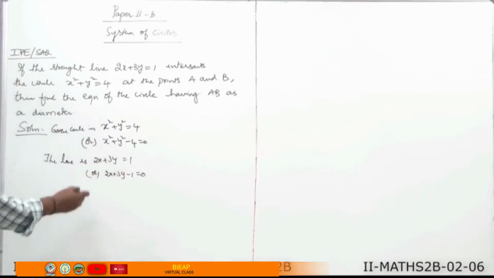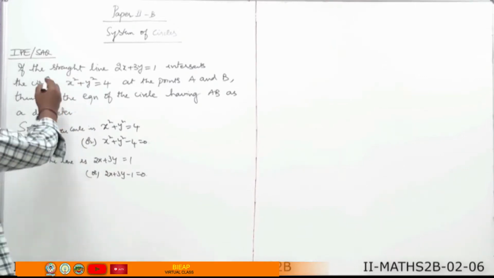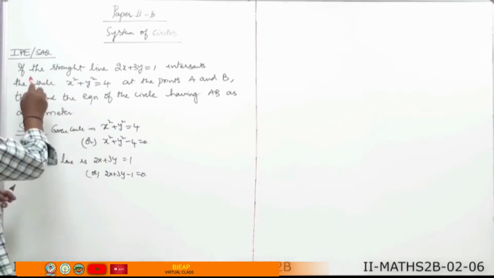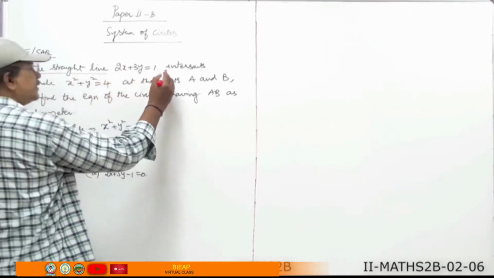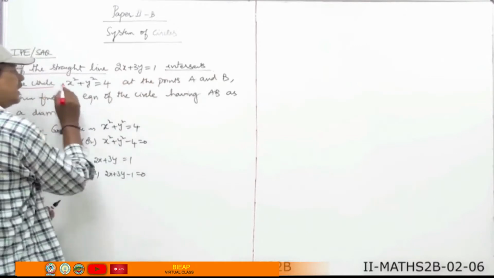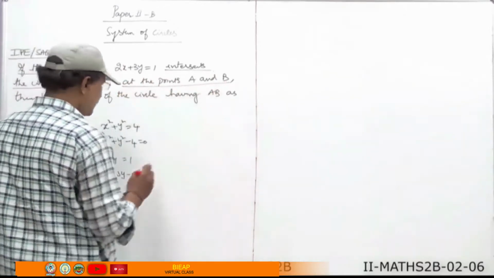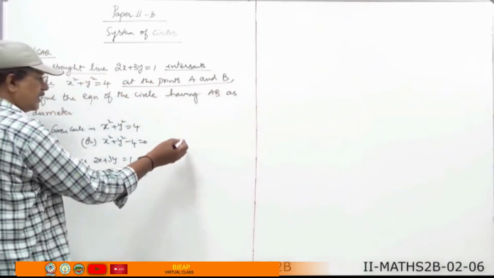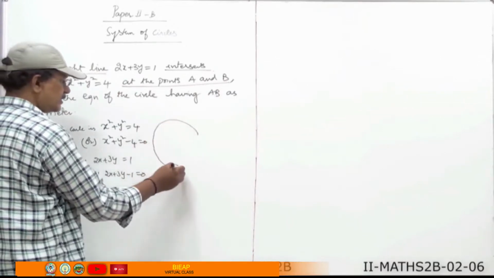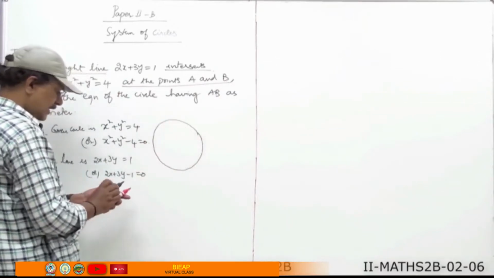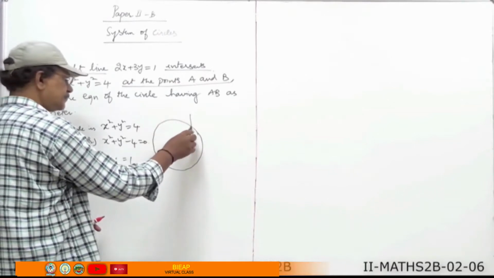The given data is there is a straight line and a circle. If the straight line intersects the circle at the points A and B, therefore, I take a circle here. This is the given circle and this is the given line.